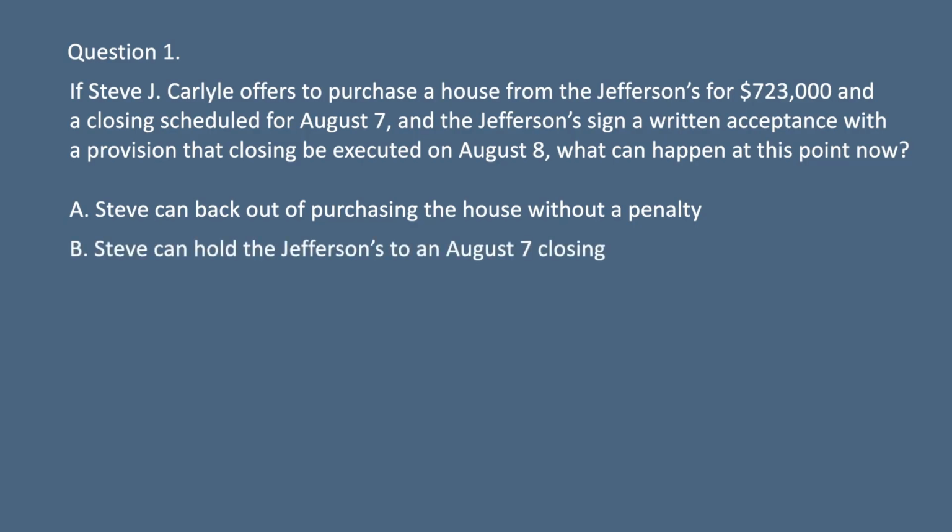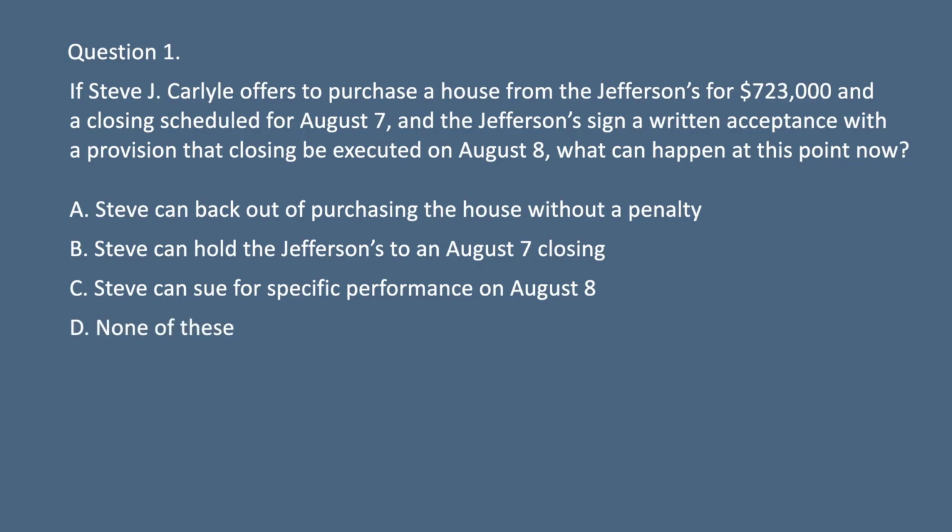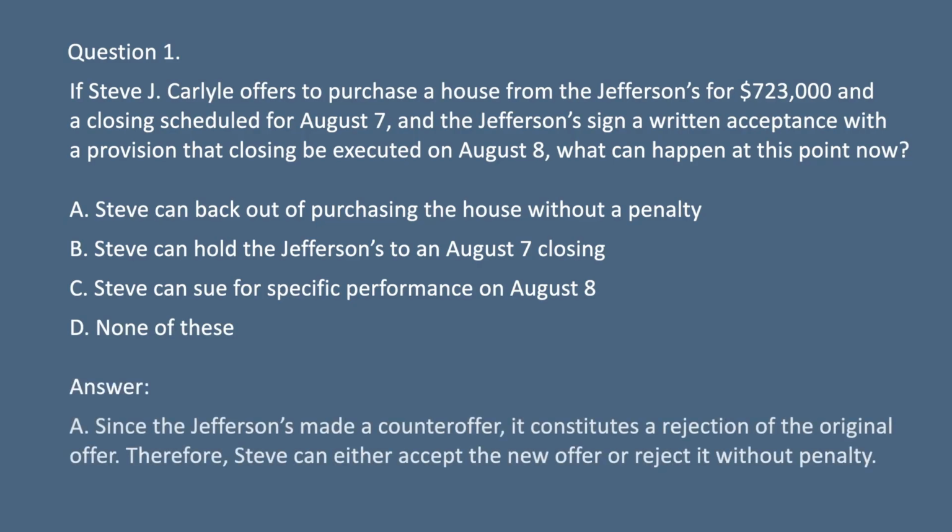B. Steve can hold the Jeffersons to an August 7 closing. C. Steve can sue for specific performance on August 8. D. None of these. Answer. A. Since the Jeffersons made a counteroffer, it constitutes a rejection of the original offer. Therefore, Steve can either accept the new offer or reject it without penalty.